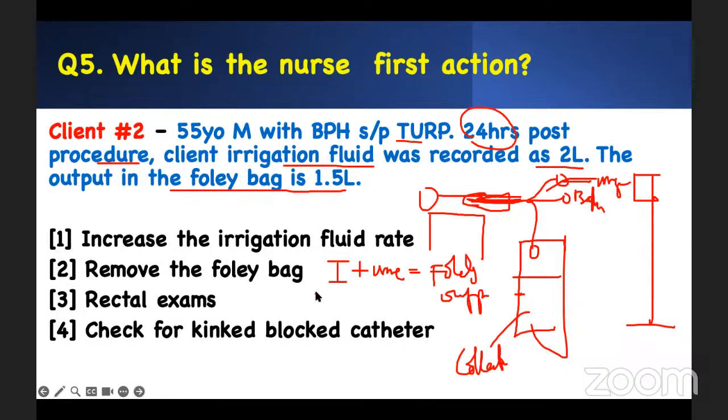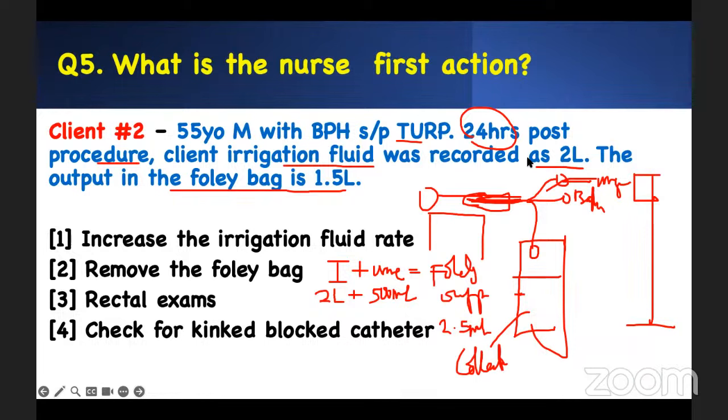If you put 2 liters as irrigation, the patient has to pee too. You will make probably like 500 ml. You should see in the bag 2.5 liters. If you get less than 2.5, you know there's something wrong.